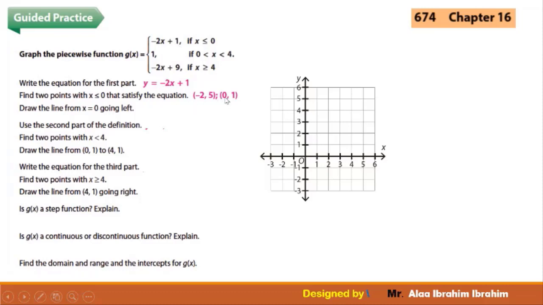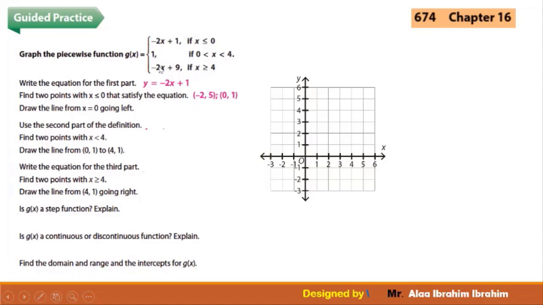I replace with 0, my first number, and any number less, like negative 2, negative 1. Try to use whole numbers and keep your answer a whole number as much as you can. So negative 2 will be positive 4 plus 1 will be 5. So this is the first part.